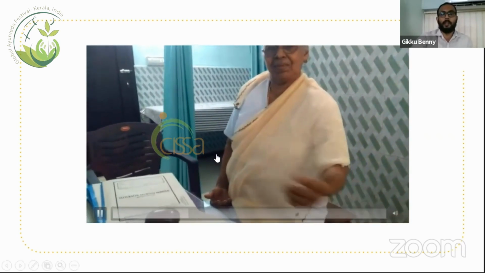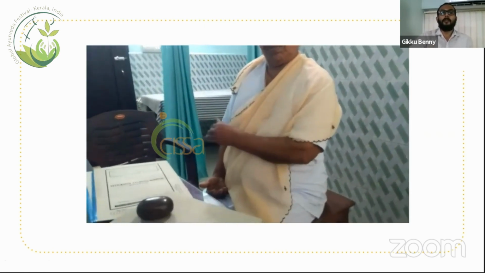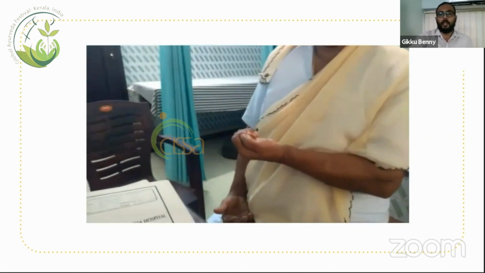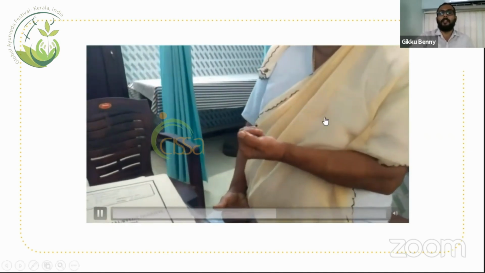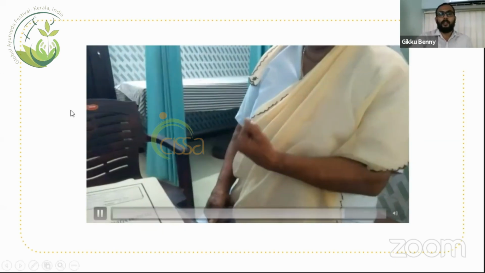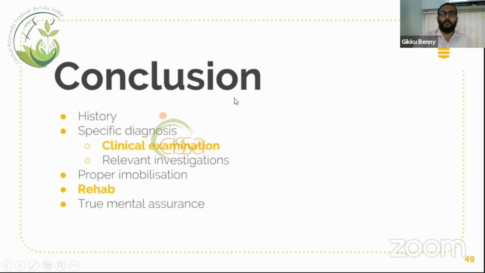The only movement restricted at this stage of video documentation is dorsiflexion. Dorsiflexion is not complete, but all other movements are complete in this patient after the management protocol and rehabilitation. So it's better to go for conservative management in all these conditions.